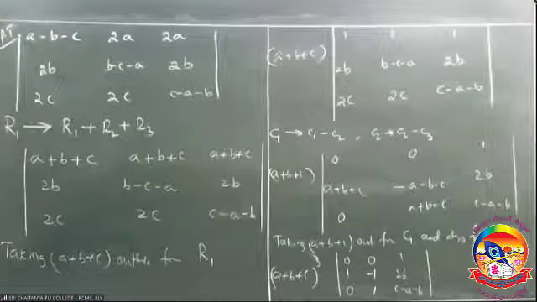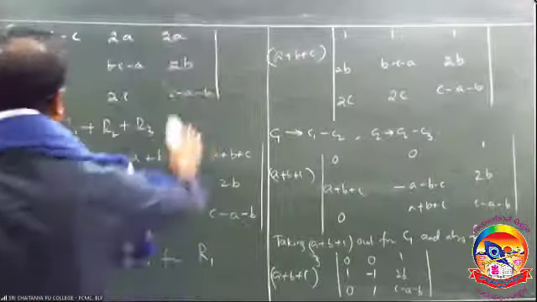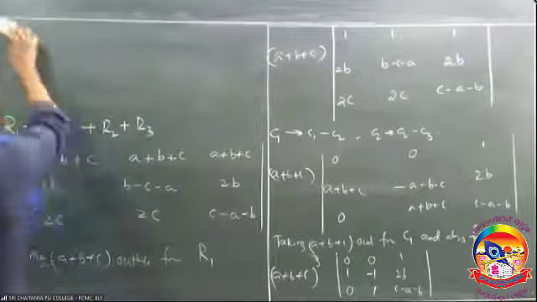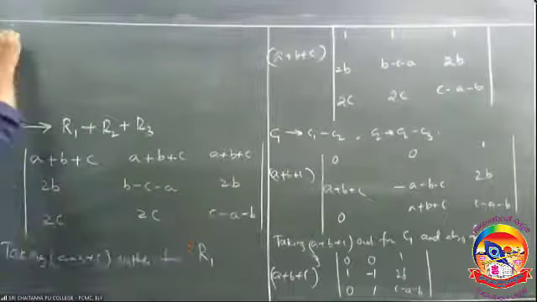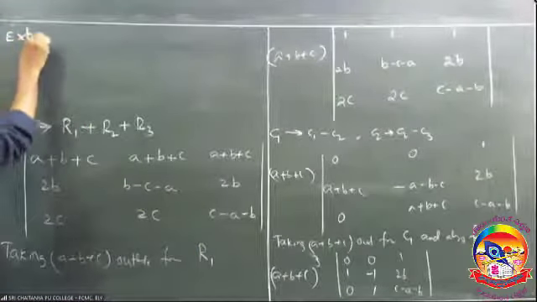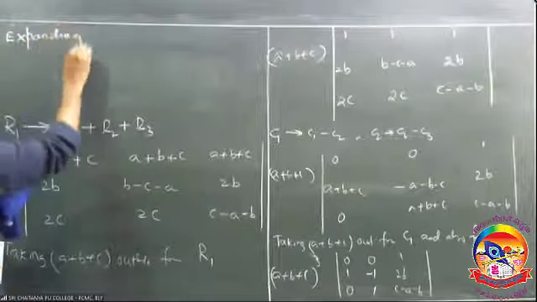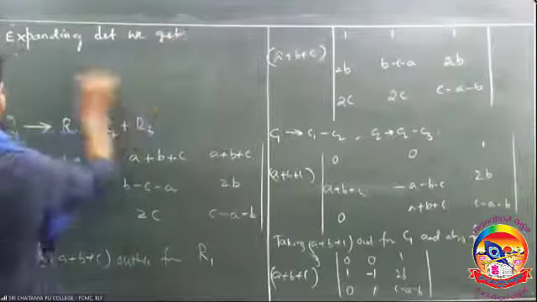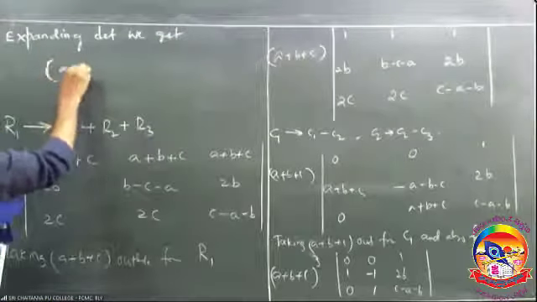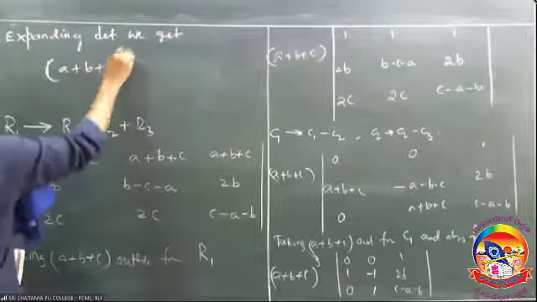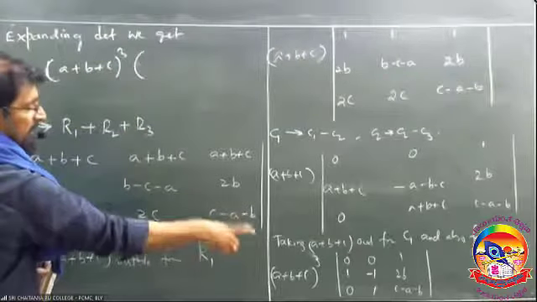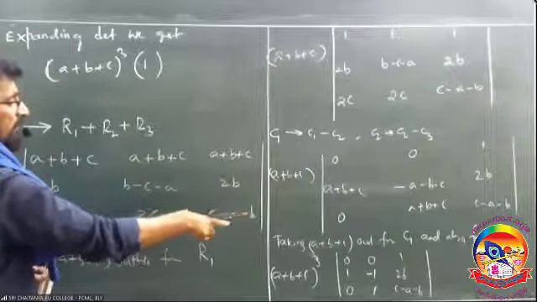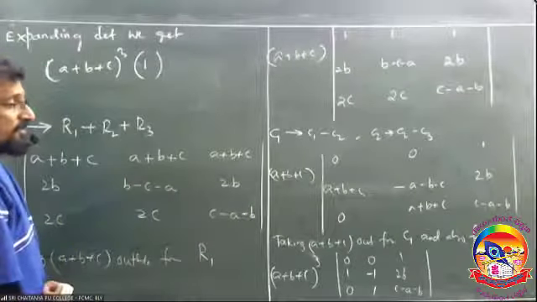Yeah, after this step, expanding the determinant, we get A plus B plus C whole cube into this entire value which becomes 1, by expanding the determinant using R1.